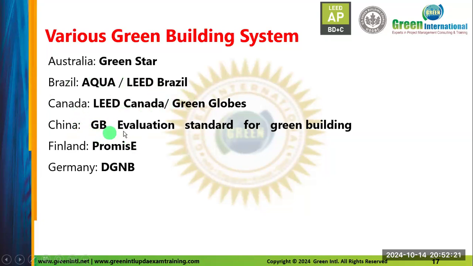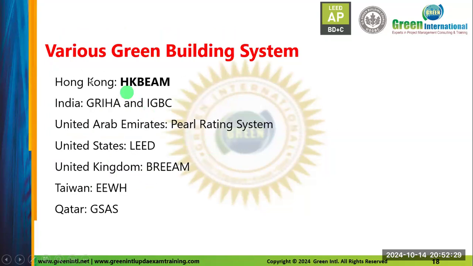China uses the GB system. Finland, Promise. Germany, DGNB. And other systems like in Hong Kong, using HK BEAM, Hong Kong BEAM, and every letter here indicates some kind of word. India is GRIHA or IGBC, the Indian Green Building Council. Okay.